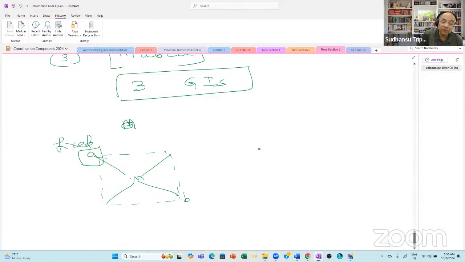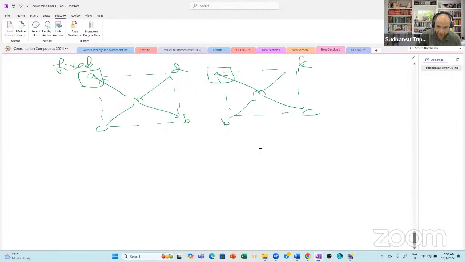Supposing this time you keep B opposite to A and the other C, D in here, and in another, keep A fixed. Anyone you can keep fixed. You can keep A fixed and now bring C to the other side, to the opposite of A. Then the remaining is BD.